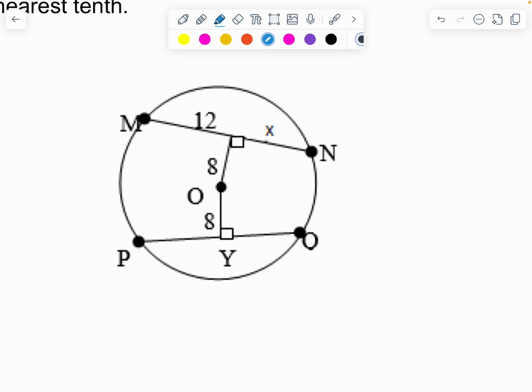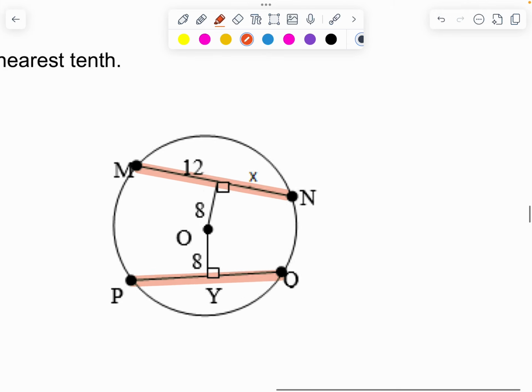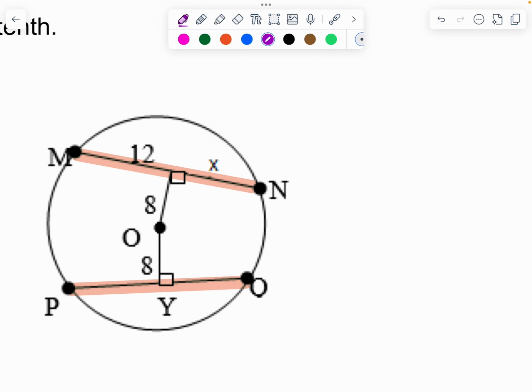All right, number 54. This right here is telling us that these two chords are equidistant from the center. And if two chords are equidistant from the center, that means they are congruent. I also know, this is kind of a two for one, that if a piece of a diameter is perpendicular to a chord, it bisects that chord.